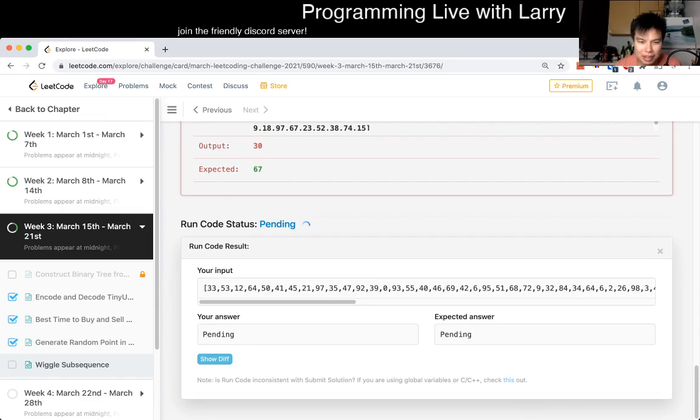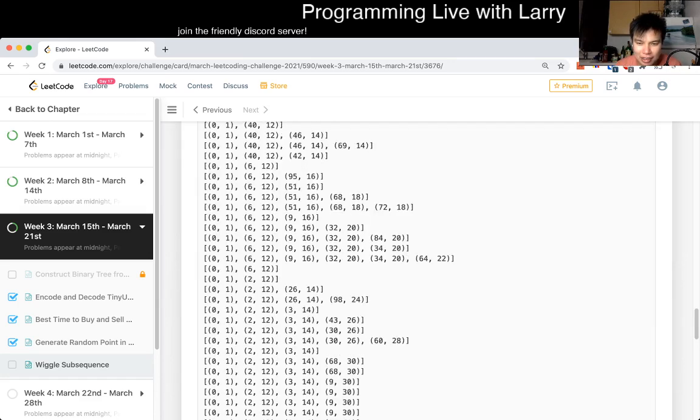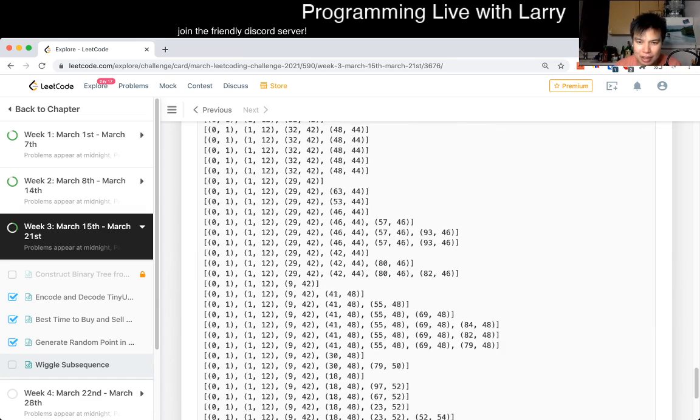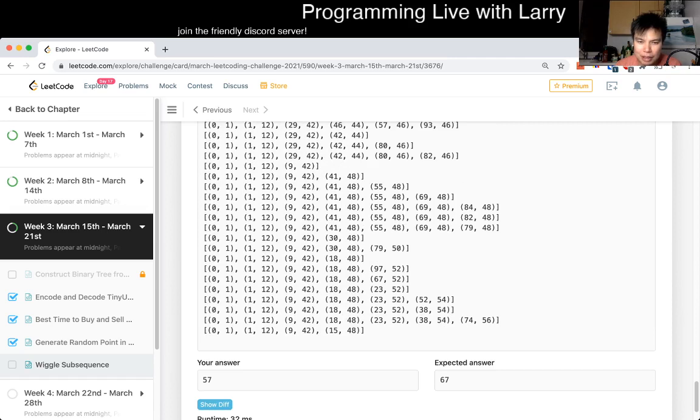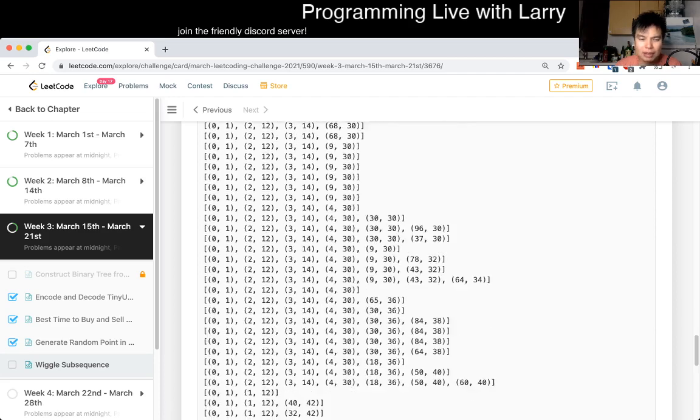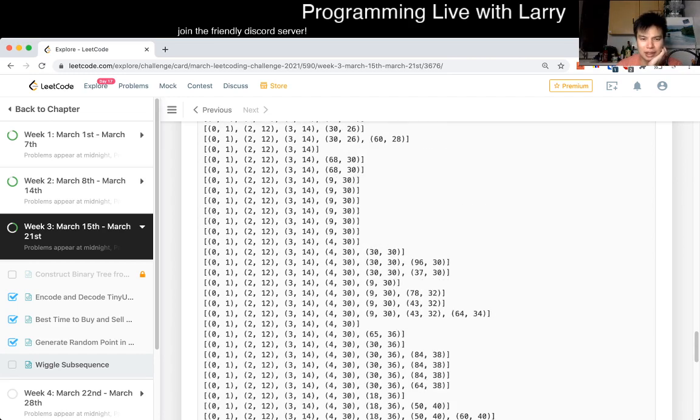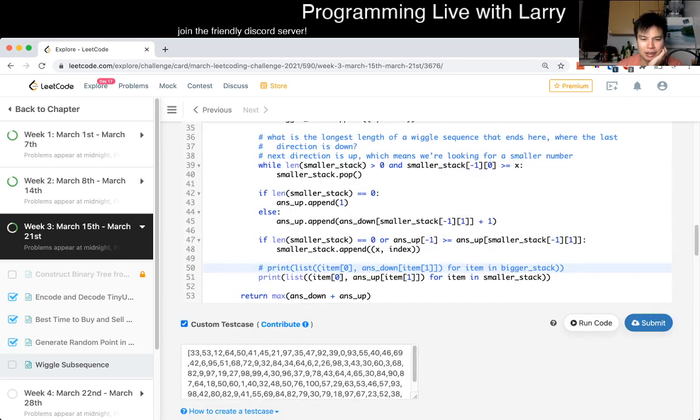Mistakes were made. Should have gone to sleep a little bit earlier and done this with a fresh mind. I mean, this looks like it makes sense to me. If it's a bigger number, then it wouldn't make sense to take any of the other smaller ones. Okay. Why is it 50? Why is it 67 then?